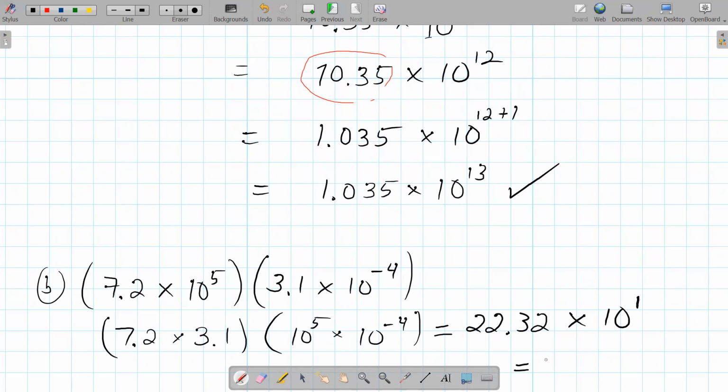So if I'm moving it one time, it becomes 2.232 times 10 to the power 2. Because I move it one time back and I add a 1 to 1, it becomes 2, and I'm all set. So this is quite easily done. I'm just going to go to another page and do some more examples.